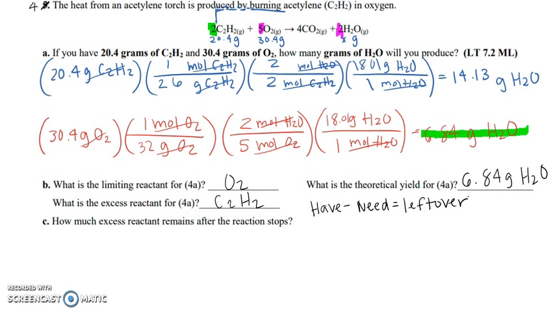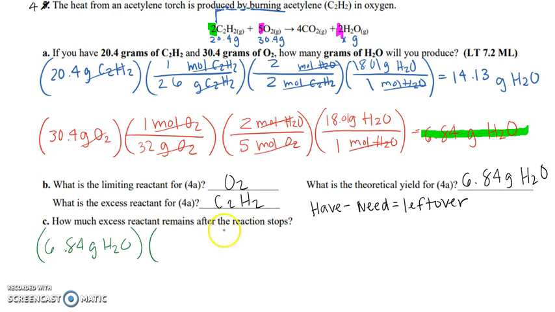And so to do this, we start with our theoretical yield. So in our case, 6.84 grams of H2O. This is my theoretical yield, and it's the value that I get when I use all of my oxygen. So now, if this is what we're starting with, and we turn it back into our excess reactant, we can figure out if I'm producing 6.84 grams of water, how much C2H2 do I need to do that?